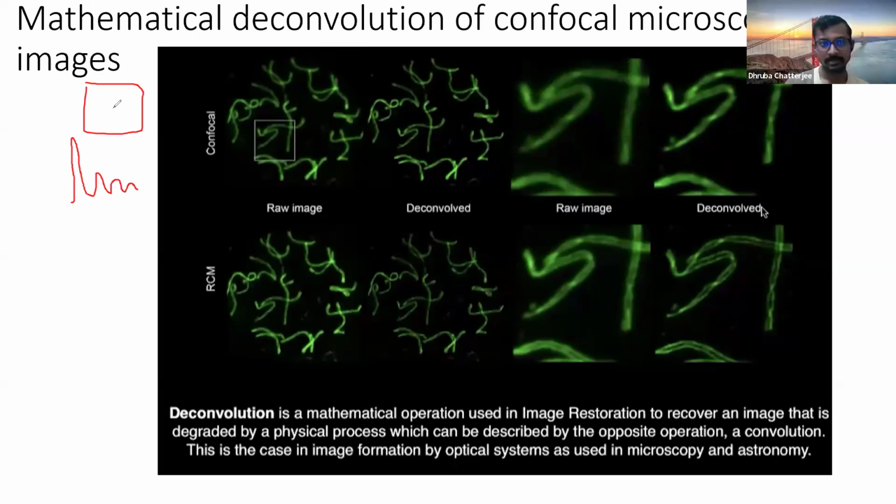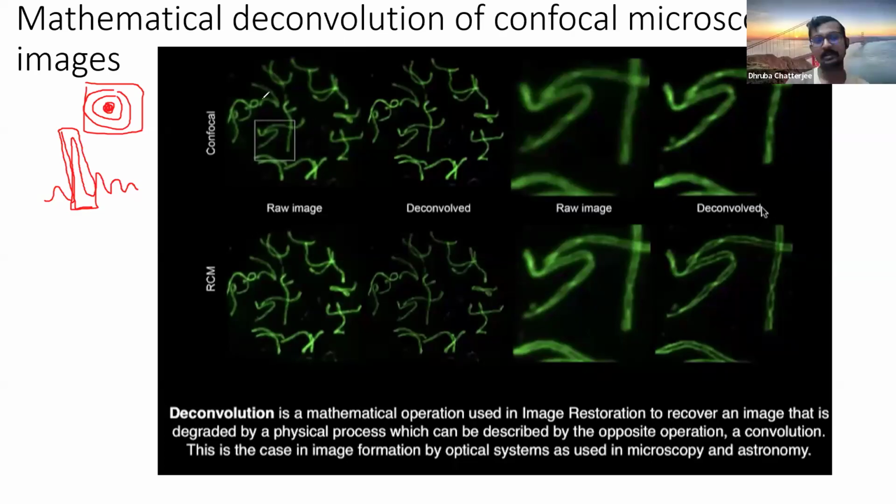If you see this, there's a central very high intensity light, and then there are these concentric circles with gradually dimming intensities. And that is the point spread function. So this mathematical deconvolution is an algorithm which tries to identify just this central very high intensity light band, and this algorithm is applied on these confocal microscopic images.